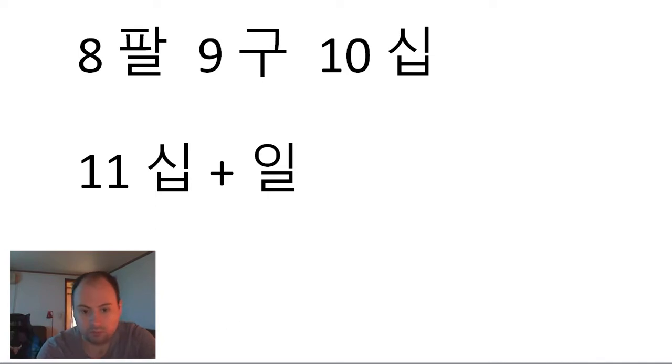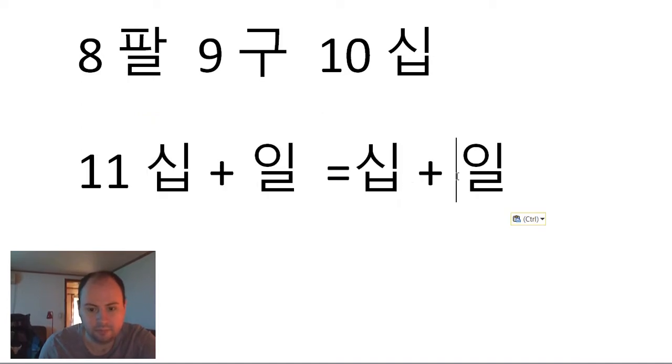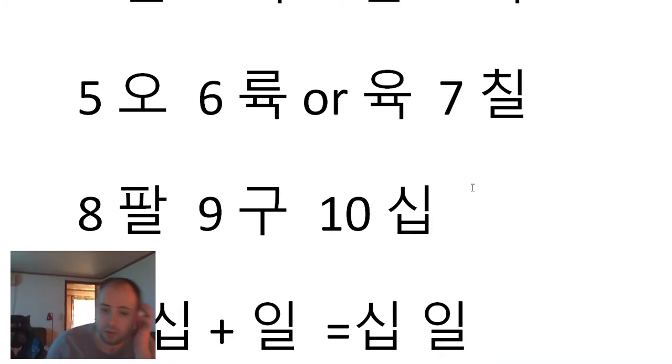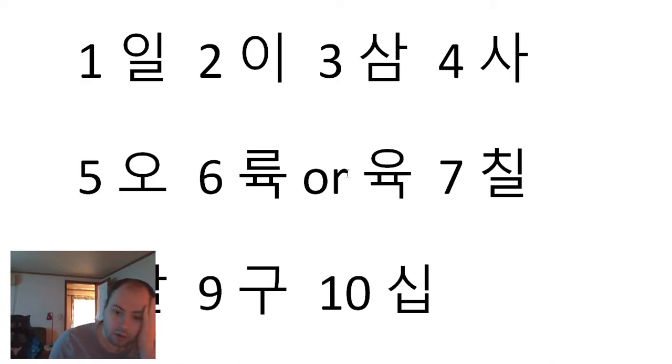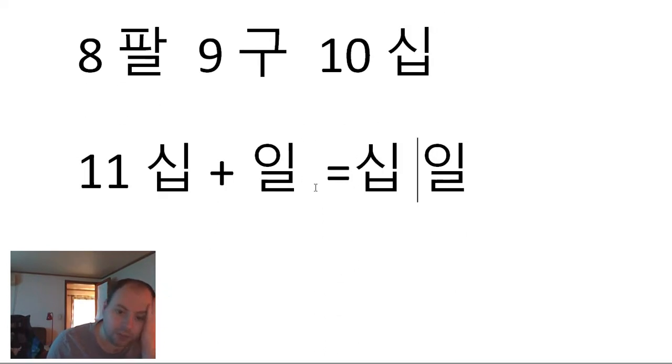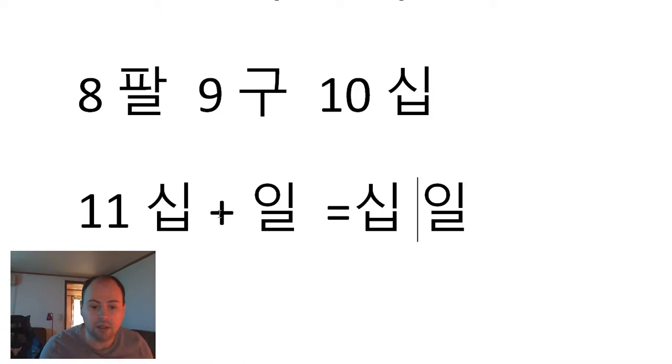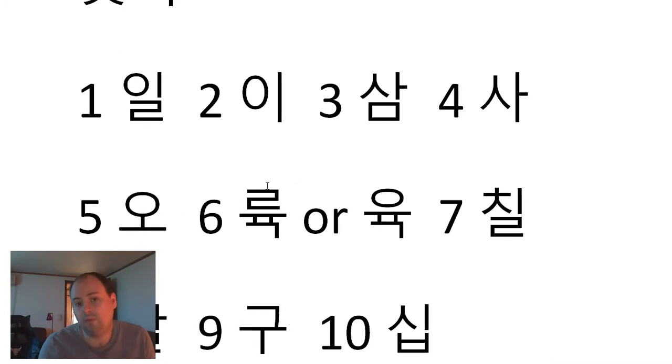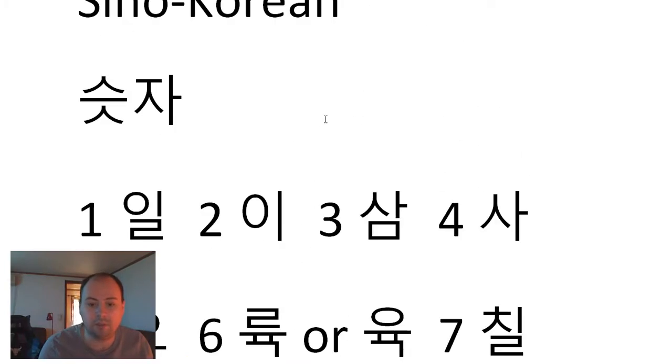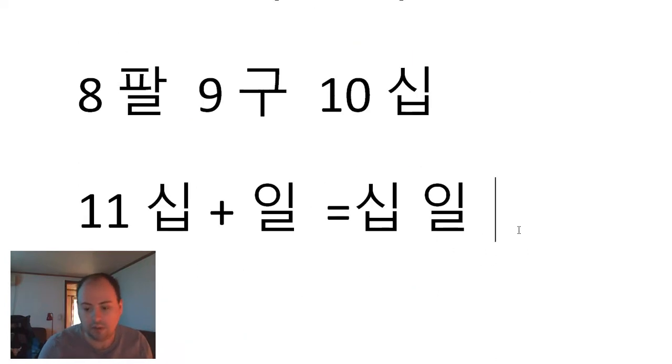So we would say ship il. So it's 10, 1. And then of course if you wanted to say 12, you would say ship i. If you wanted to say 13, you would say ship sam, and so on.